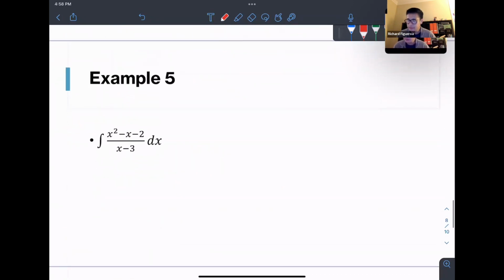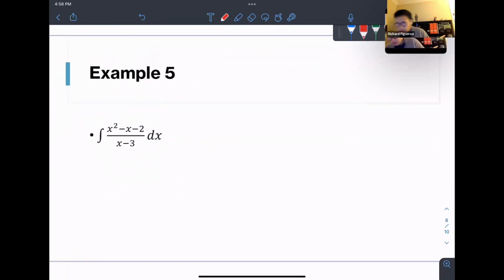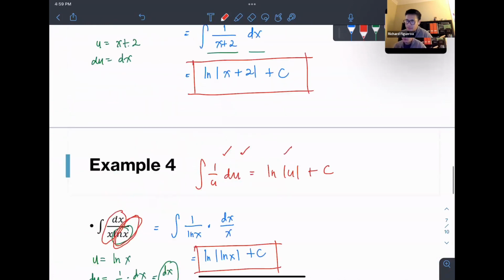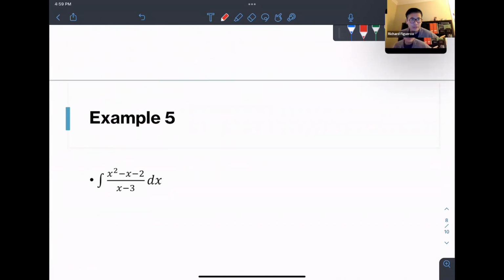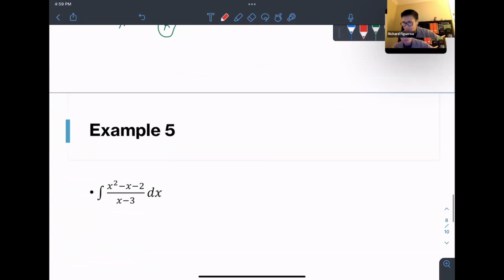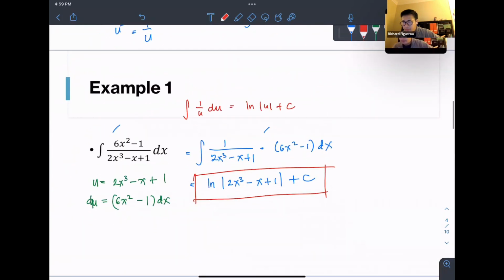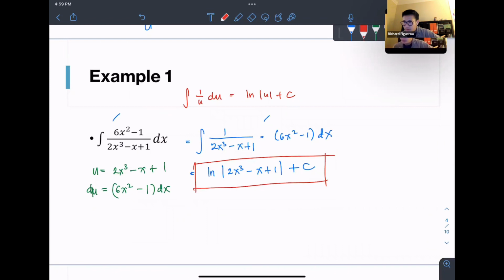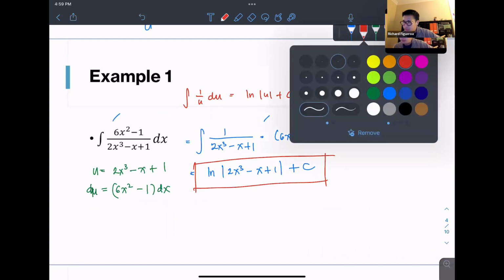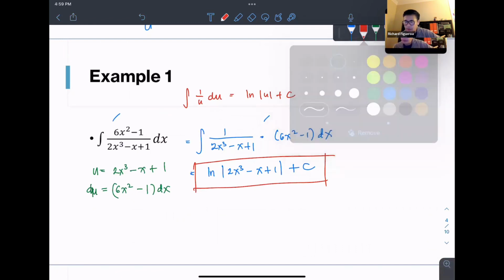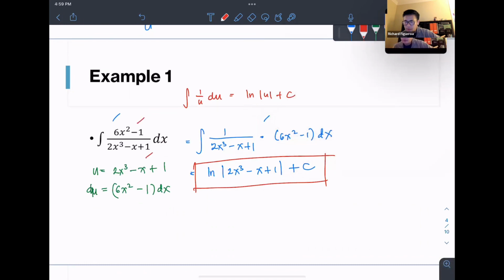So next. Okay, I have a question with this one. What is the difference? Look at example number 5, in terms of the degree of the numerator and the denominator. For example 1, this is second degree, third degree.